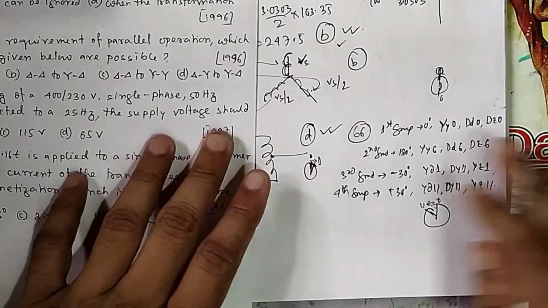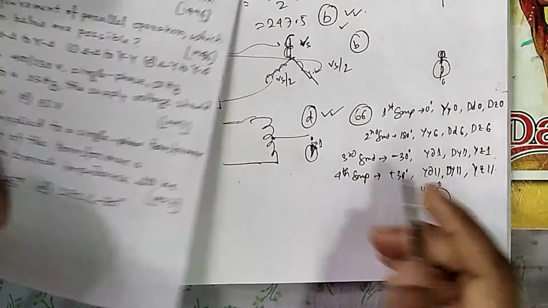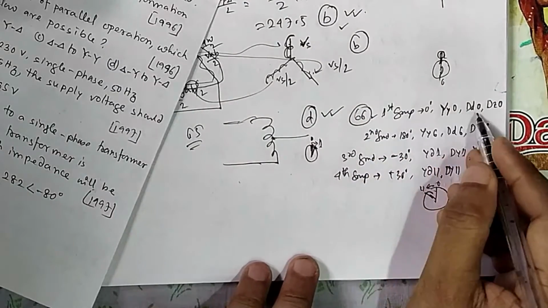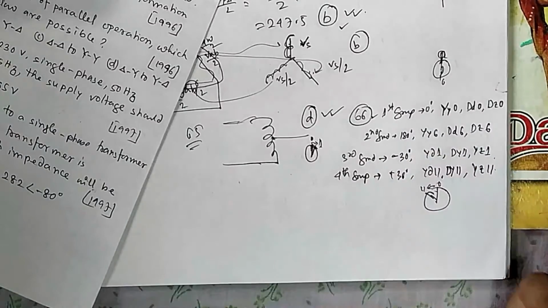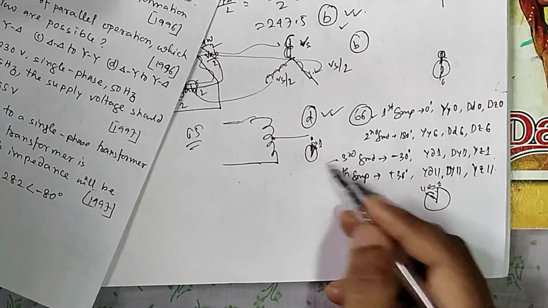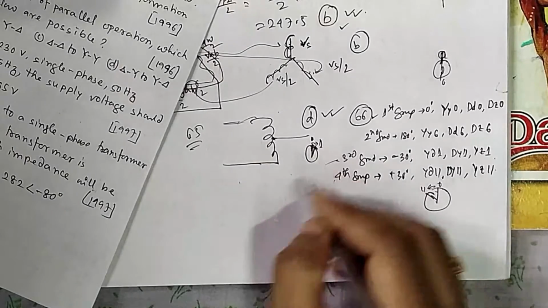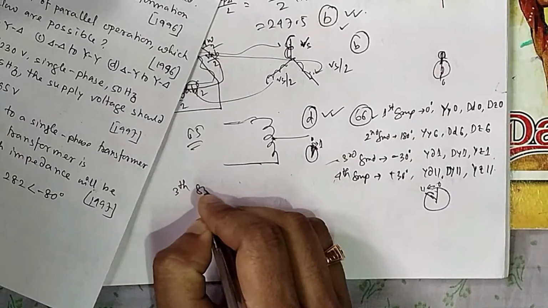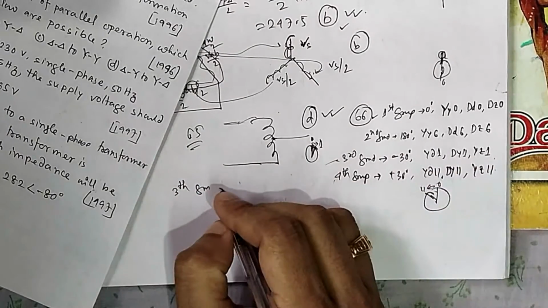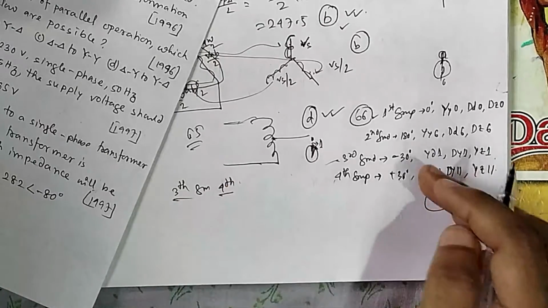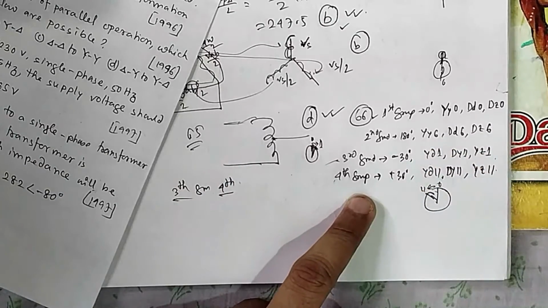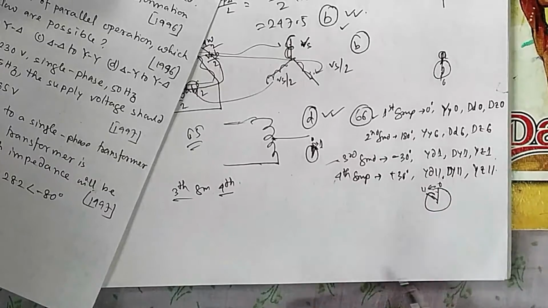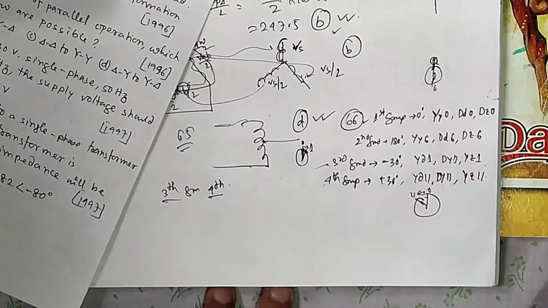Now for parallel operation, it should be of the same group. That means any two you take from group 1, any two from group 2, that is okay. Any two from group 3, any two from group 4 will be okay. But for the third and fourth groups, there is also a possibility that you can interchange these two. That means you can take one from the third and one from the fourth, but for that you have to reverse the connection, do some modification in the connection.